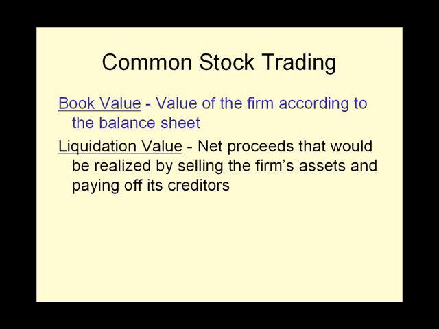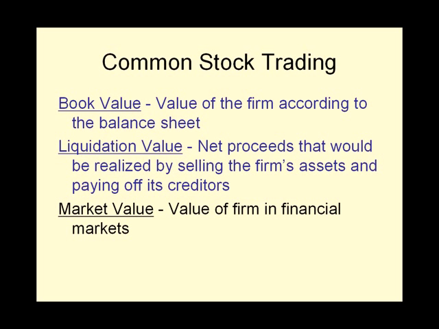Then the proceeds of that sale would go first to paying off the creditors, and whatever is left over is the liquidation value that's available to the shareholders or owners of the firm. Finally, market value is the value of the firm in the financial markets as a going concern. Market value is determined by the stock price times the number of shares outstanding.